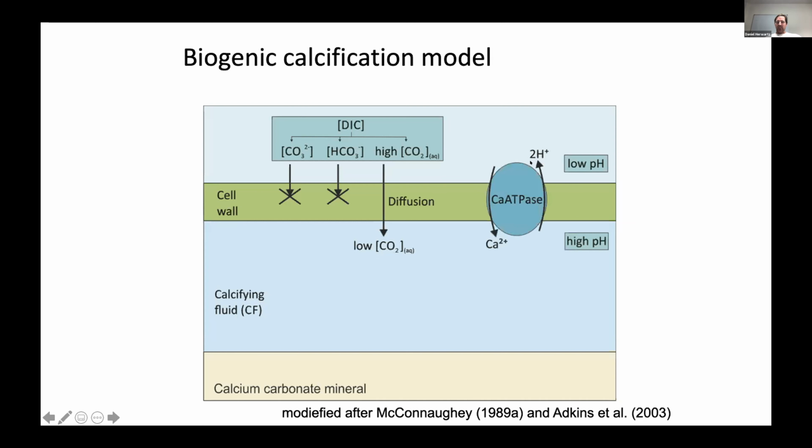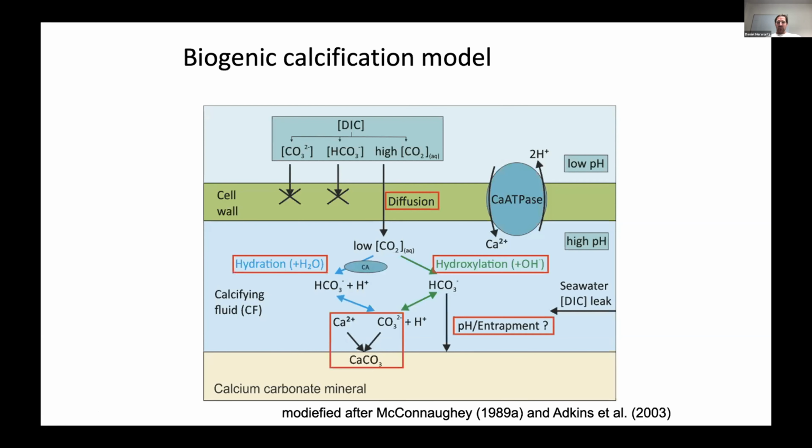Now there's enzymes in this lipid bilayer which pump calcium into the calcifying fluid to facilitate this precipitation process. And these enzymes pump protons out, so you get a high pH in this calcifying fluid. The CO2 then reacts with H2O, which would be hydration, or with OH minus, which would be hydroxylation, to form carbonate and bicarbonate and to form calcium carbonate.